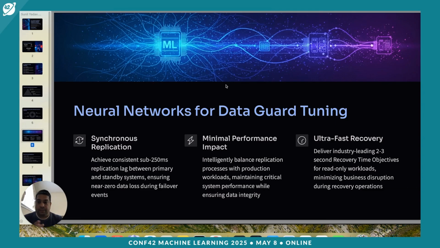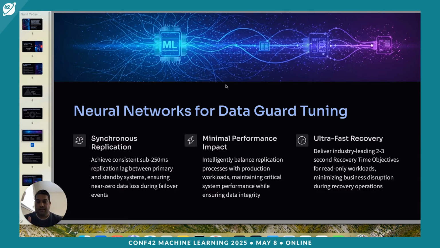So neural networks for Data Guard tuning is basically synchronized replication. The system should have very minimum delay between primary and secondary, in sub-milliseconds for the replication lag between primary and standby databases. This ensures there is net zero data loss during failover events.